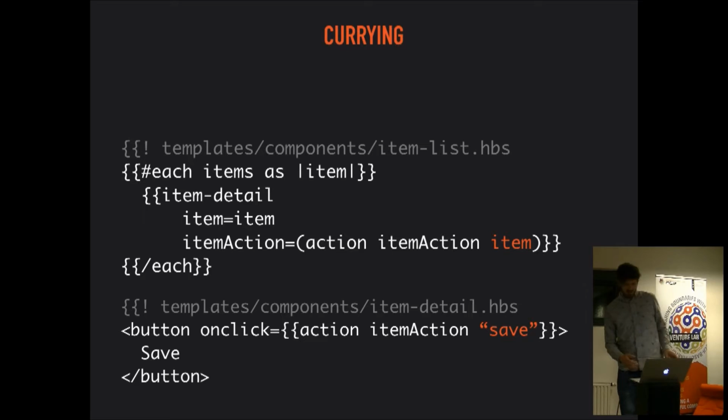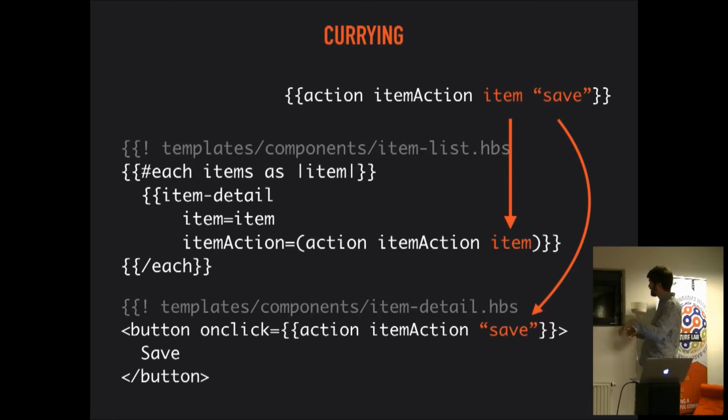And how you can interpret this is that, when you take the last one, you should read it as action item and then save. So the item in the item list template is remembered, and then if you call that action again in another template and you add another parameter, it's added to it instead of replaced.